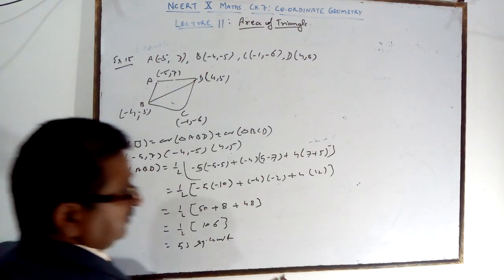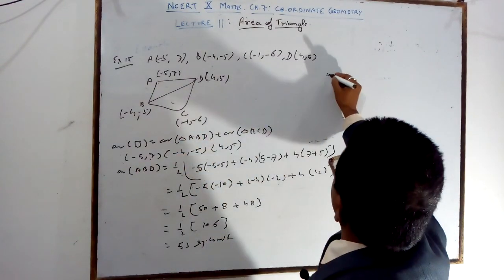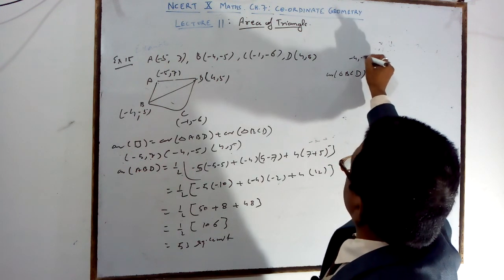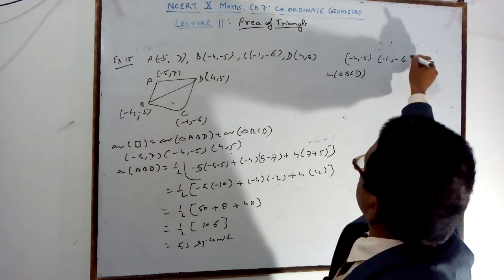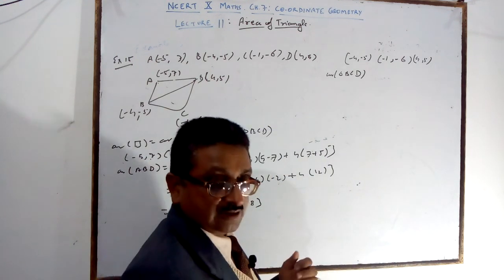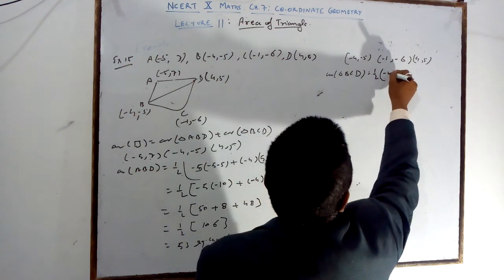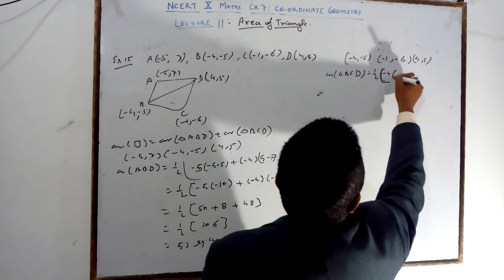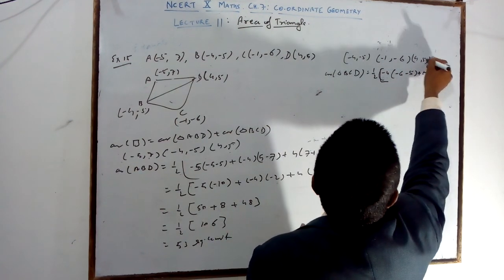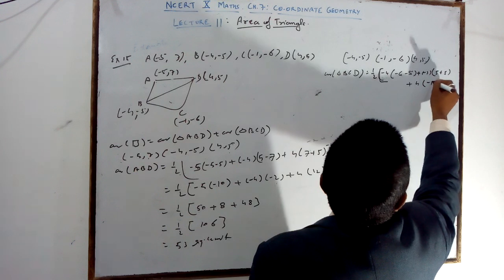Like this you will get the area of triangle BCD. What is the coordinate of BCD? Minus 4, minus 5; minus 1, minus 6; and 4, 5. You take x1, y1, x2, y2, x3, y3 accordingly. Then area of triangle is equal to half minus 4 into minus 6 minus 5, plus minus 1 into 5 plus 5, plus 4 into minus 5.